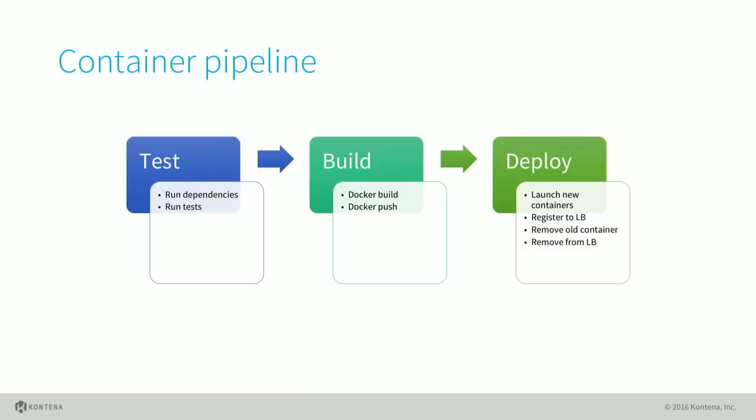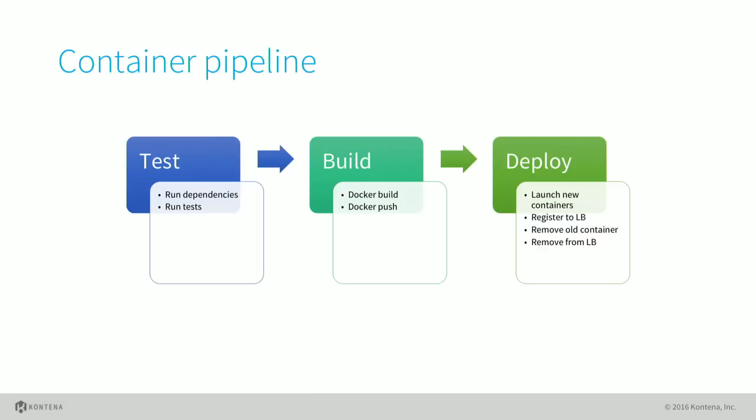And then after you've published your images, you deploy them to your production environment, or testing environment if you automate that also. The deployment part is typically quite tricky because it consists of multiple different steps. Of course, you have to launch new containers based on your new images.